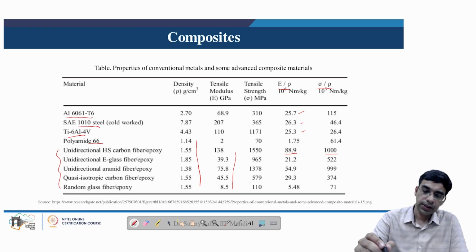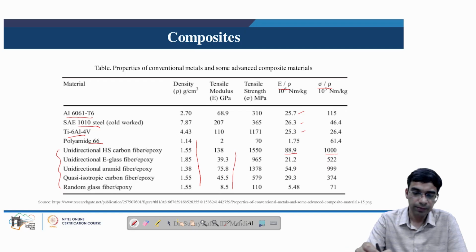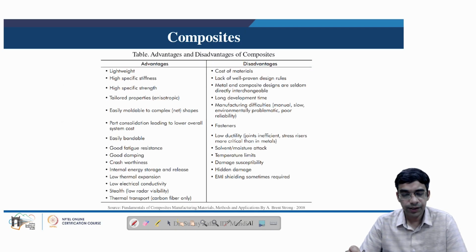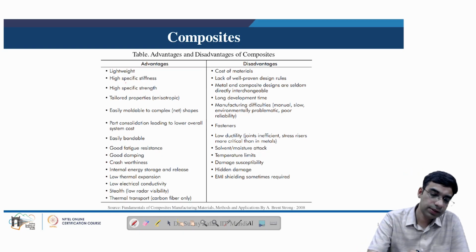So because of these specific properties, composite materials offer unique advantages. These advantages include their lightweight, high specific stiffness, high specific strength. Here specific is with respect to the density of the composite.